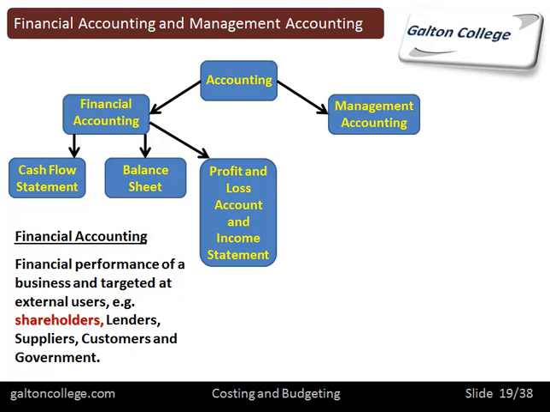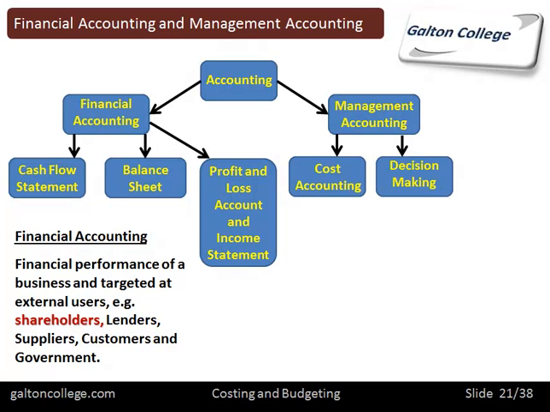On the other side of the accounting diagram here, we've got management accountancy. They look at cost accounting, looking at the costs of the business and how costs vary in the way resources are used within the business. But they also provide information for decision making.